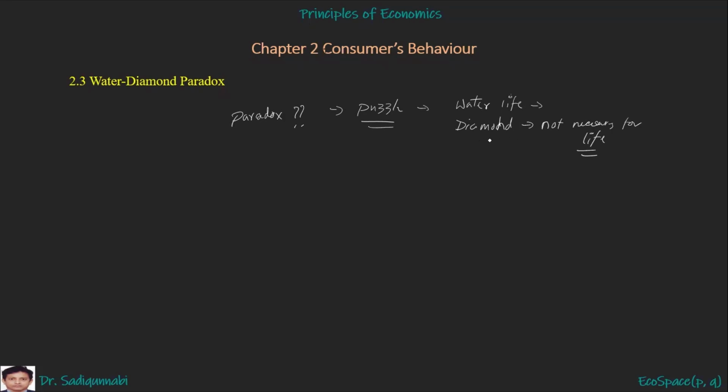Okay. Now the puzzle is: water is low priced, although it is very necessary. Diamond is not necessary, it is a luxurious good.